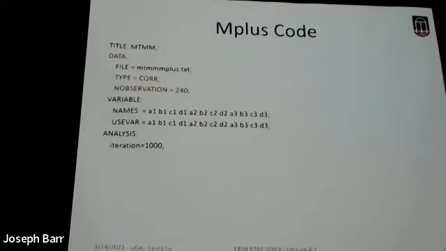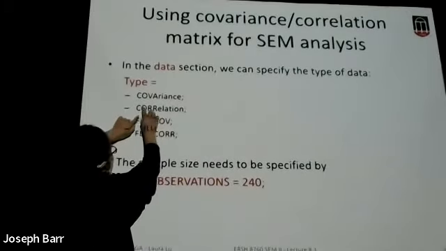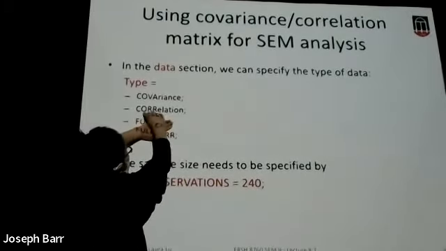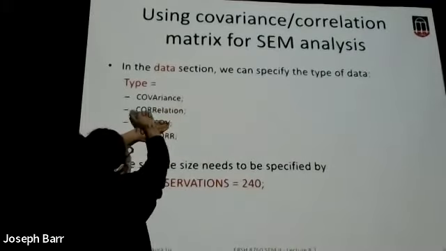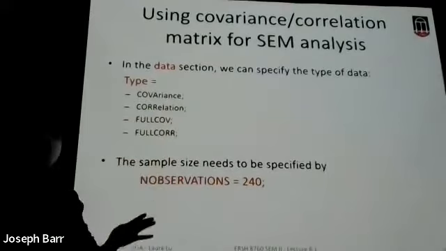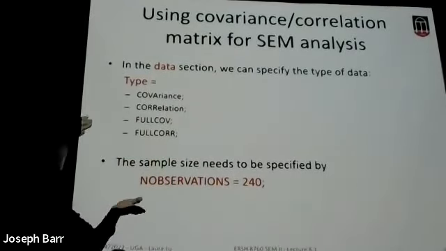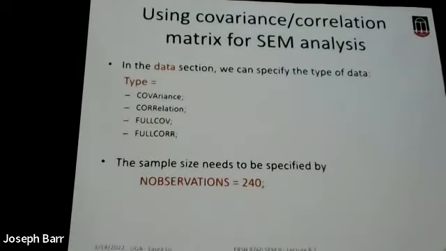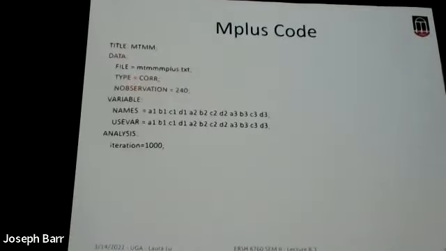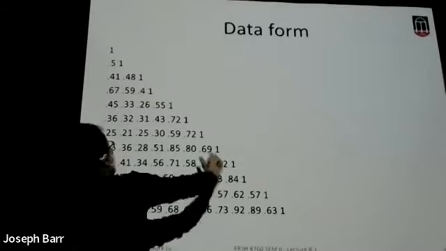So here, the keywords. Here we use a correlation. Of course, we use CORR, it's short for correlation. You can also use the whole name. It's for off diagonal, so the half of the correlation matrix. Look at the data here: you only have half of the matrix information.